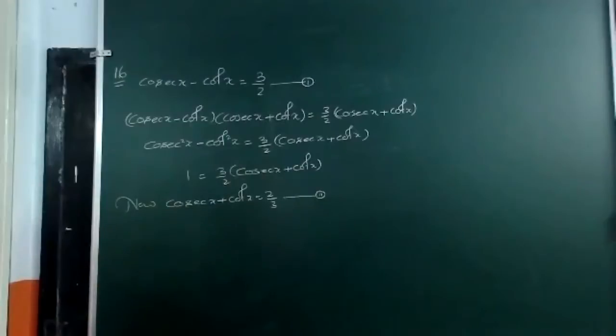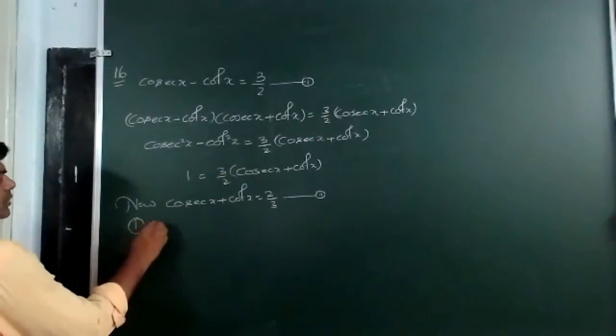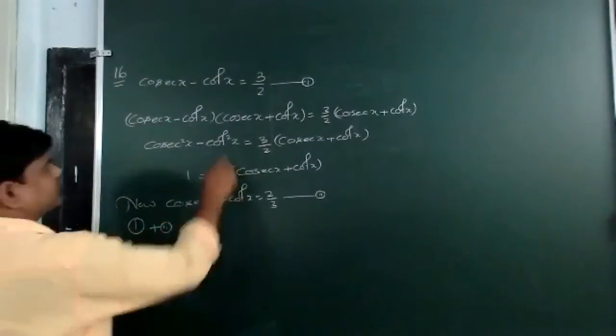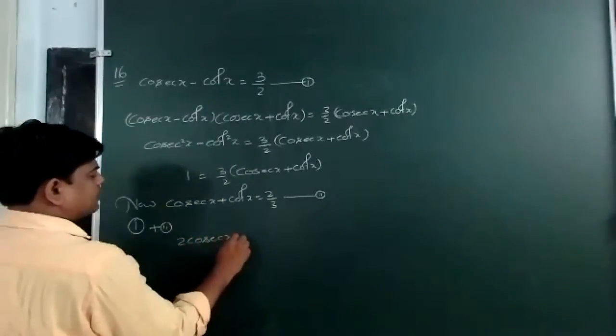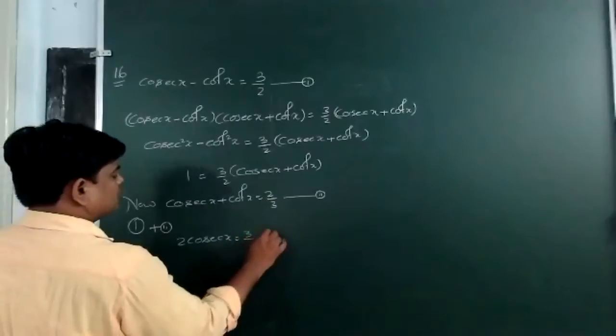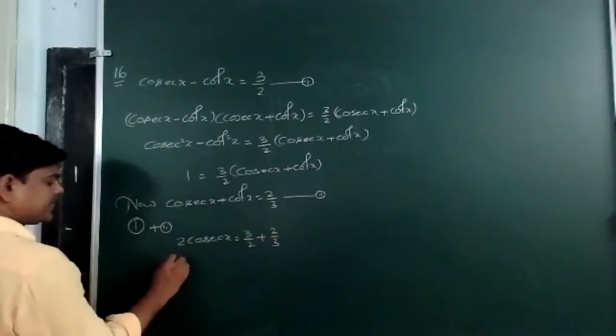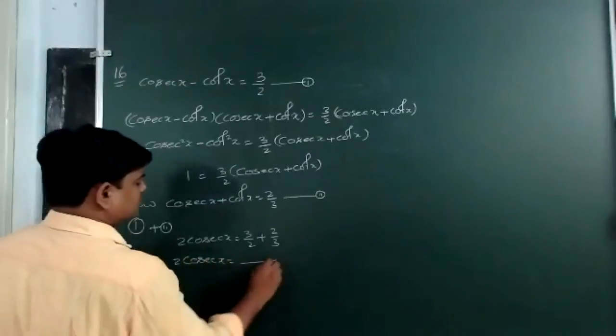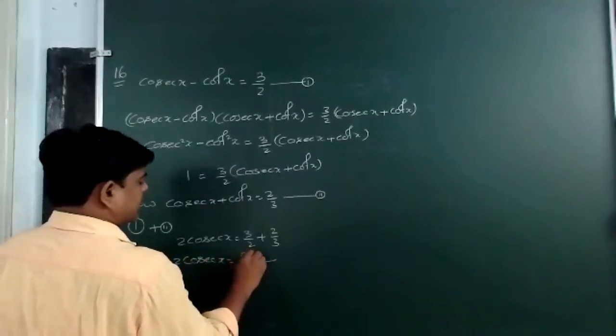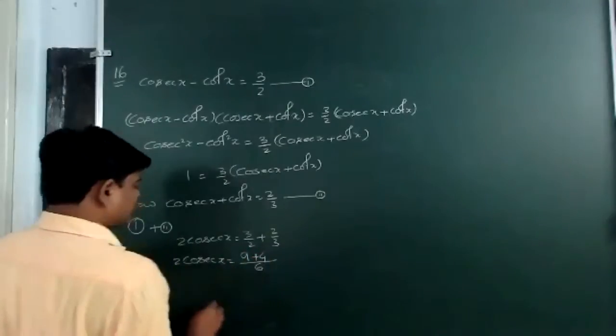Let me tell you. When I write here 1 plus 2, cot x and cot x will be cancelled. Cosec x is equal to 3 upon 2 plus 2 upon 3. It is 2 cosec x is equal to 9 plus 4 upon 6.